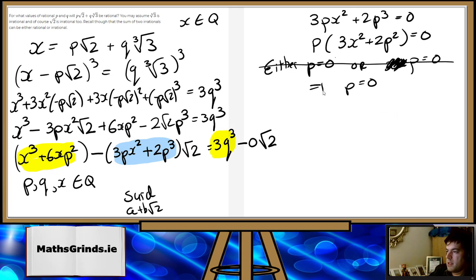So that means p is 0, but then that would mean that x equals q cube root 3, but we said x is rational and cube root 3 is irrational.